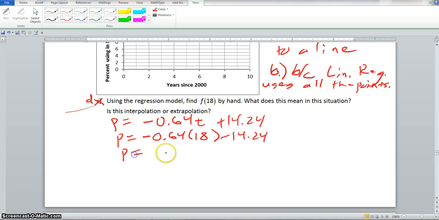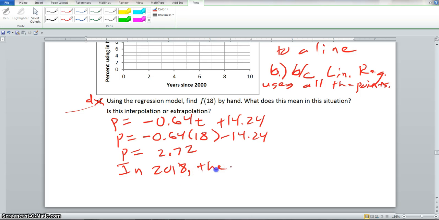So we have p is equal to 2.72. So now remember, our starter year was since 2000. So we know that this would be in 2018, because that's what we started. F of 18 means 2018.